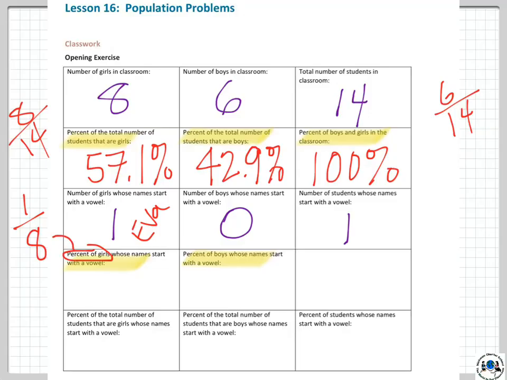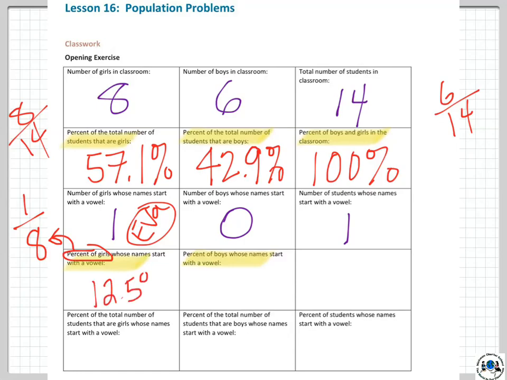Of course, girls is going to be our denominator. That's our whole. And we have only our lonely little Eva here with her vowel beginning name. 1 out of 8. And if we do that division, we get 12.5%.